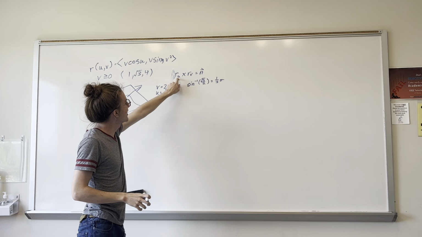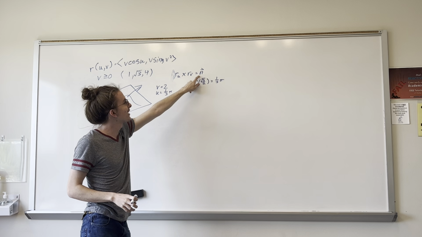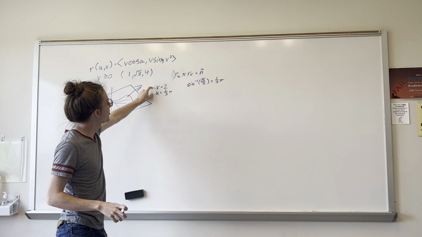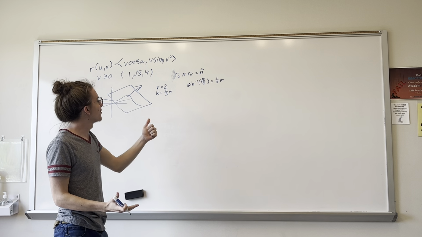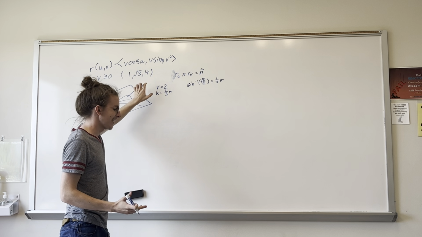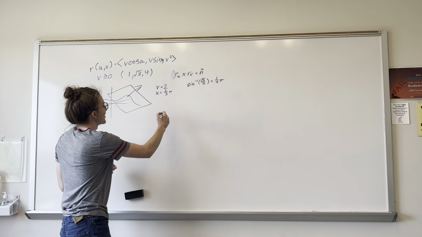So we're going to find r of u and r of v, cross them, get the normal vector, plug in the 2 points, and then we have the vector and the point, and we can make the formula.